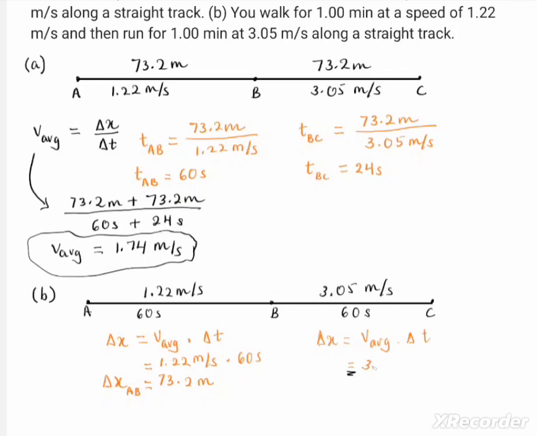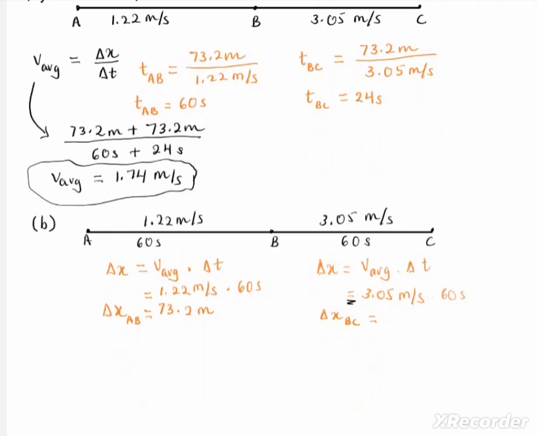So we have 3.05 meters per second times our 60 seconds. So delta x BC is 183 meters.